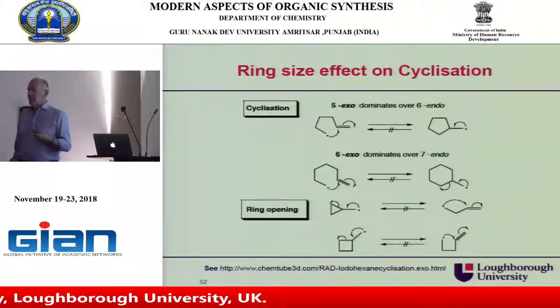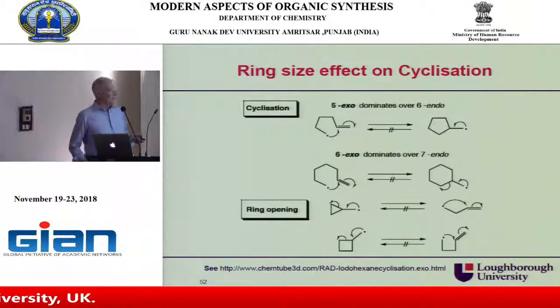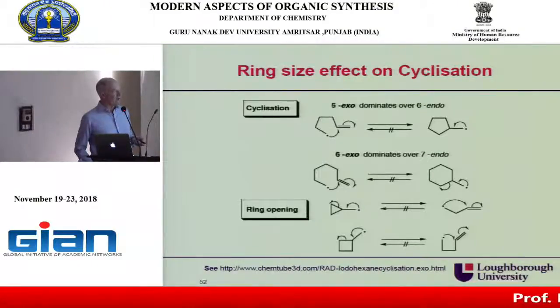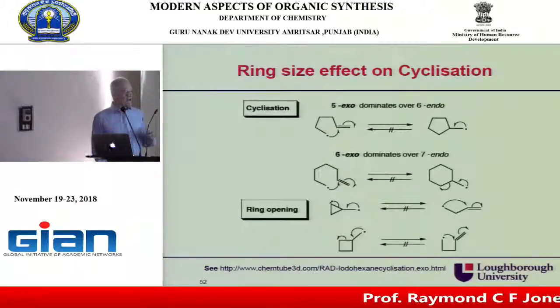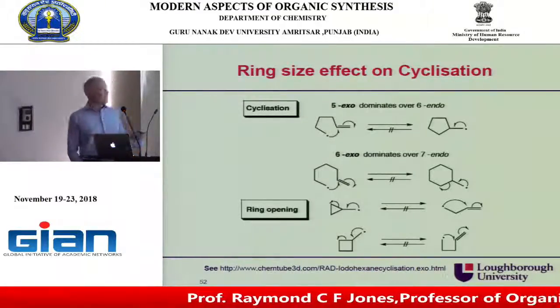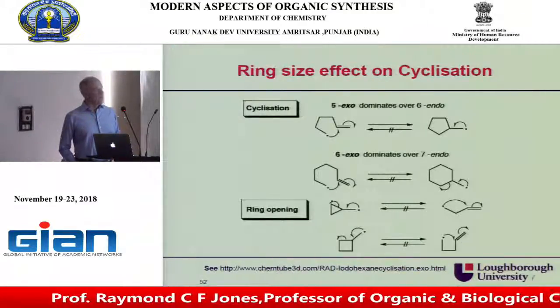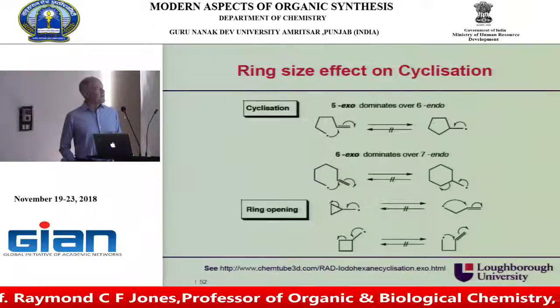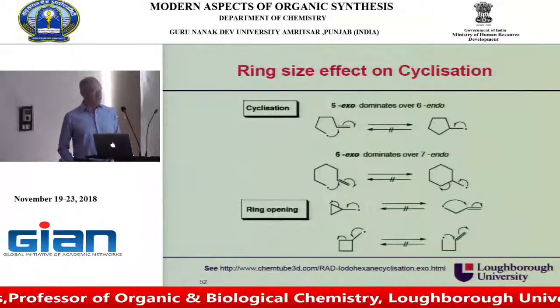So you can use it as a probe for radicals forming. So for 3 and 4 membered rings, the corresponding exo radical goes the other way, it ring opens. So there the thermodynamics win. But if you're forming 5 or 6 membered rings, then the endo closure is disfavored and the exo closure wins.